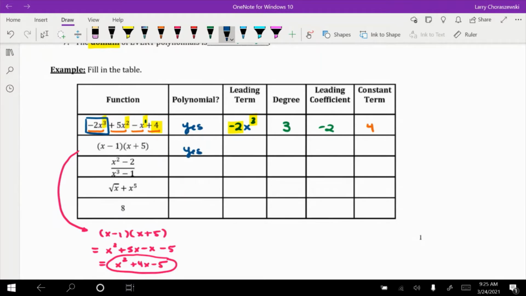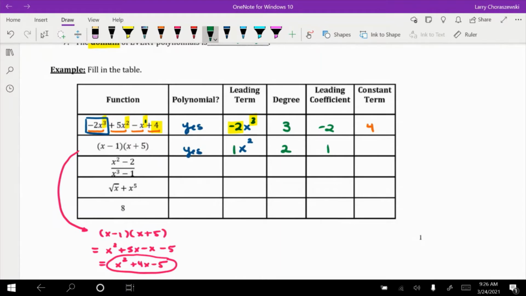All right, ready? Leading term, x squared. The degree would be 2. What'd you guys put for the leading coefficient? Yep, I would put a 1 for that. Okay, that's the number in front of x squared.